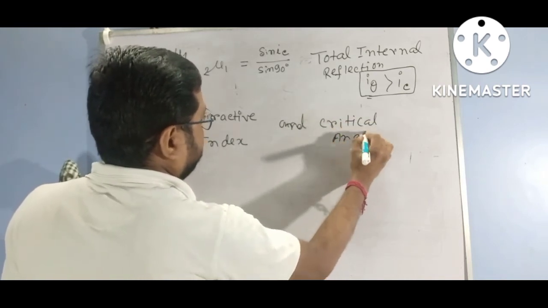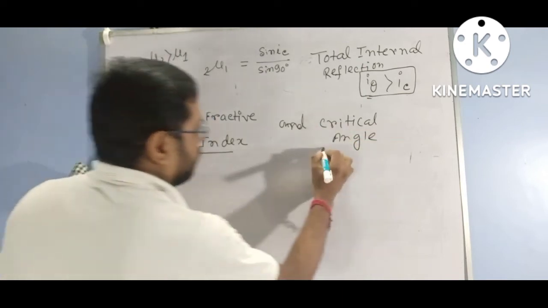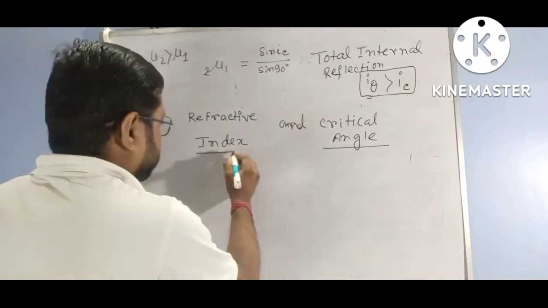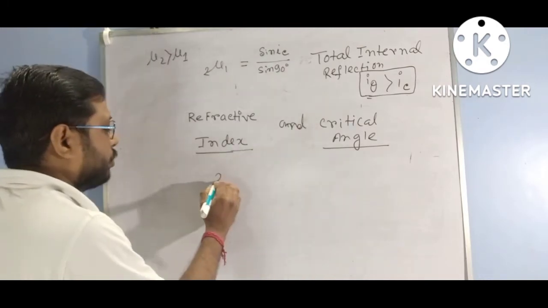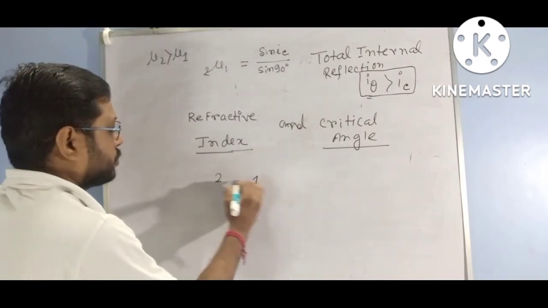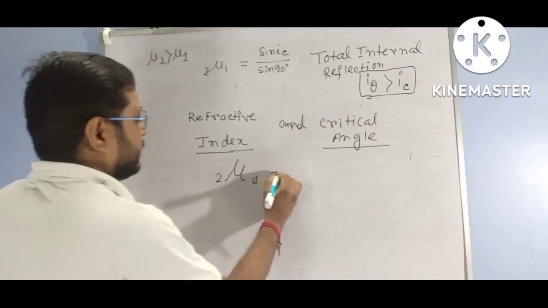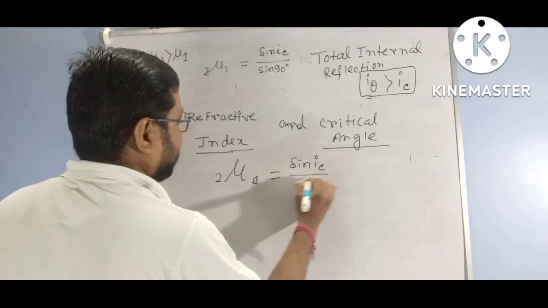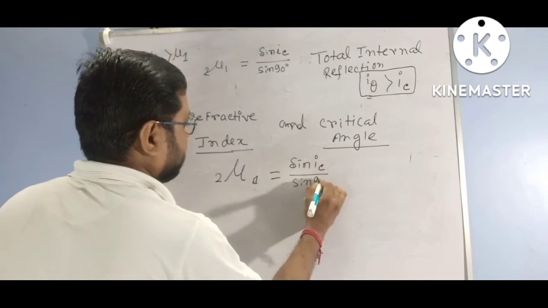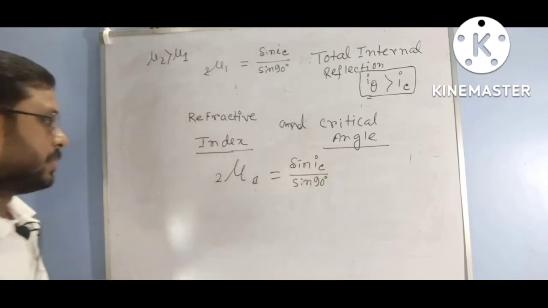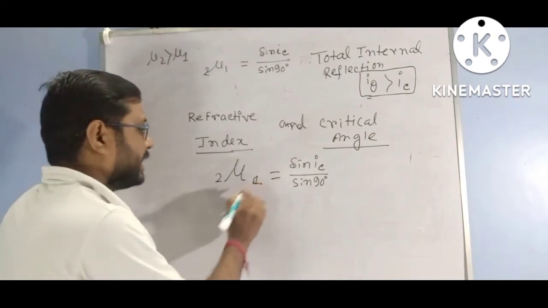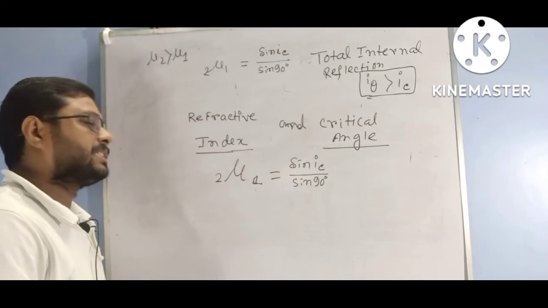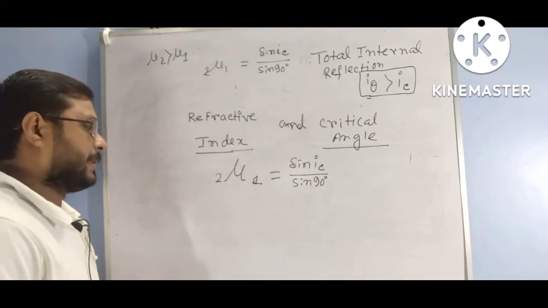This is a very important relation for us to solve numericals. If the ray goes from medium 2 to 1, we can write mu 21 is equal to sine of IC by sine 90 degree, in the case when the angle of incidence is equal to the critical angle.